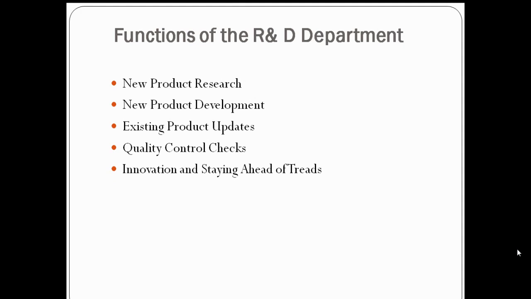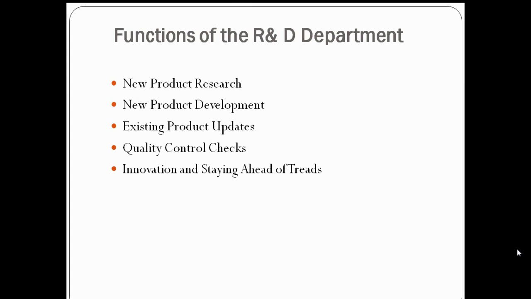Now next, what are the functions of the R&D department? In research and development, the major functions are, first, new product research and new product development. Then existing product updates, meaning if we want to incorporate extra features in an existing product, that comes under existing product updates.